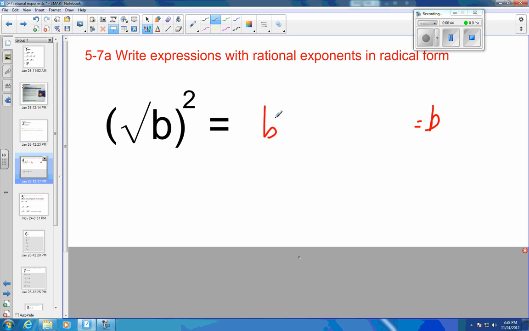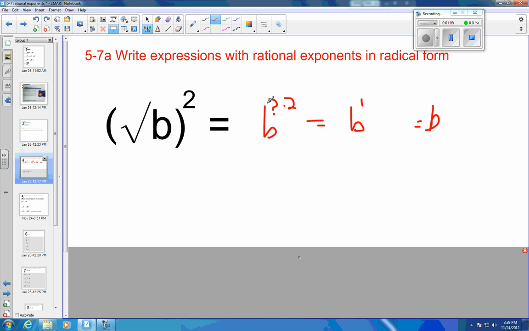So I have b to some power times this power. Let me move that up. b to some power times 2 is going to be equal to b to the first for it to be equal to b.